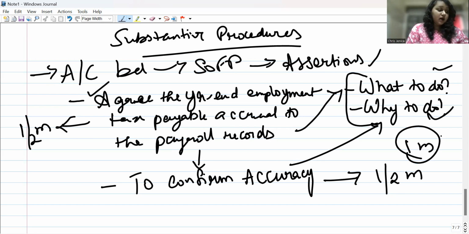Fine. Another example could be: agree subsequent payments to the post year-end cash book and the bank statement. Okay, so that is also a substantive procedure that you can do. So I have just told you what I'm going to do, but why I'm going to do it will tell me whether it is to confirm completeness.